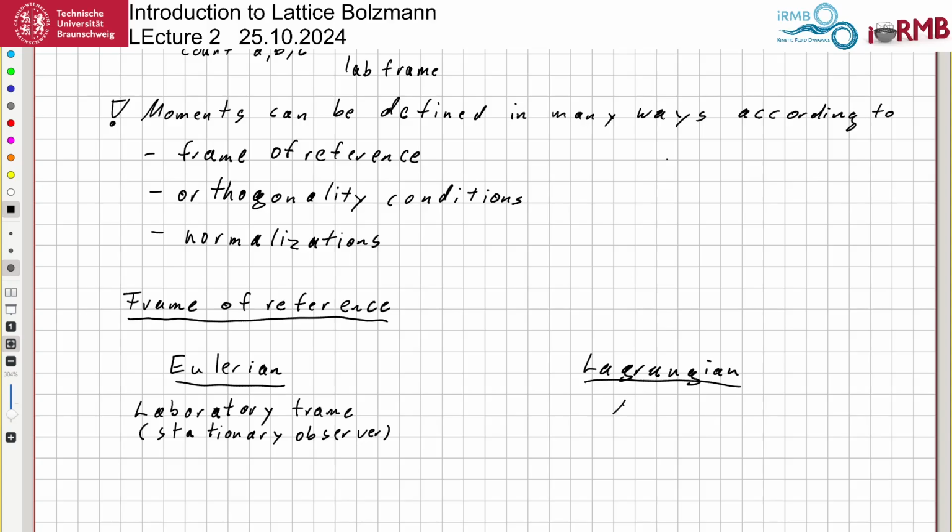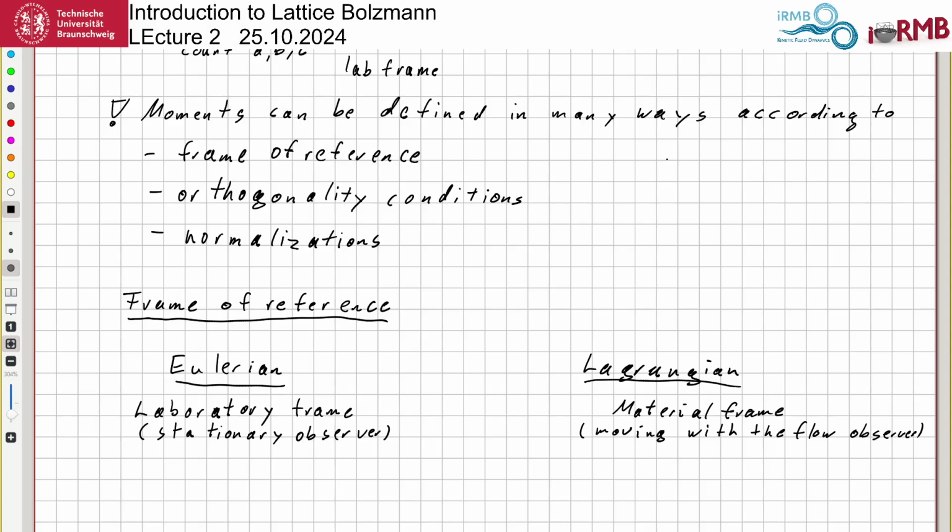And the Lagrangian is the material frame. This is the frame that is moving with the object we are describing, in this case, because we are doing fluid dynamics, the flow. We are moving with the flow. So Euler is standing on the shore and Lagrange is in the boat.